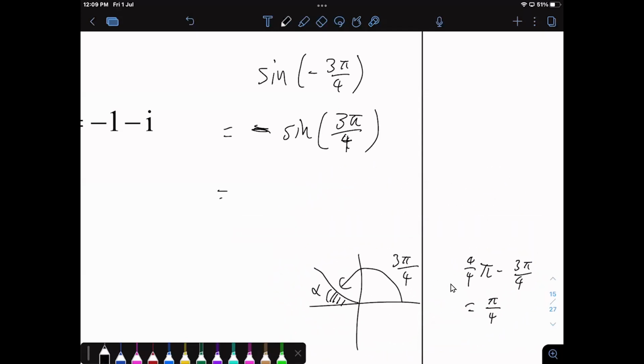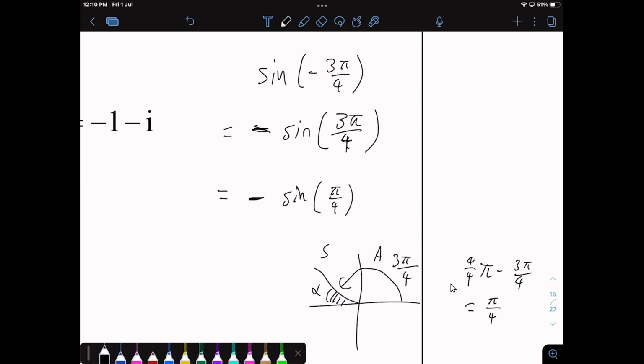So this is equal to what? So it's negative sine pi over 4. Negative. Why negative?